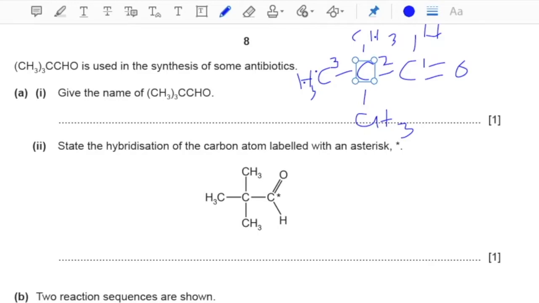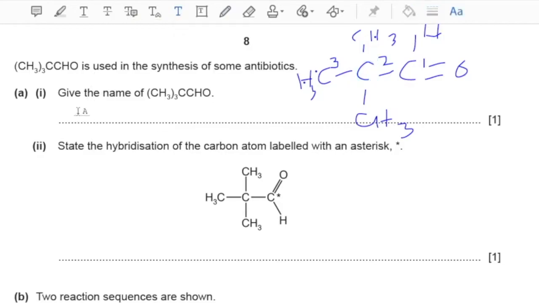I could have taken this one, I could have taken this one, but since this is a straight chain, this is much easier for me. There are 2 methyl groups attached to the second carbon atom, and the longest chain has got 3 carbon atoms. Thus, the naming ends with propanal, and the suffix comes from the CHO group.